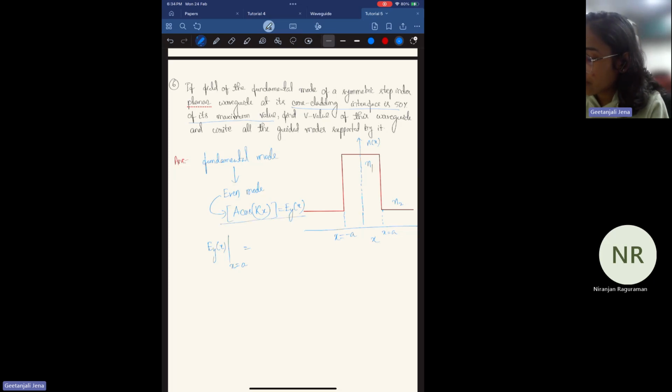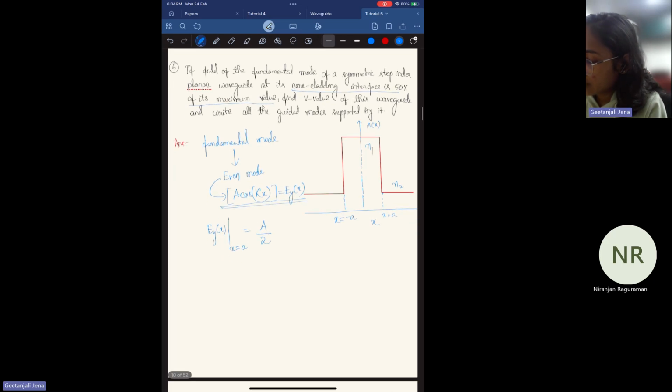What is the maximum value of Ey(x)? It will be A, when kappa x equal to 0. So this is half of A. And the left hand side expression is A cos kappa a, which is equal to A by 2. So that means cos kappa a will be half.